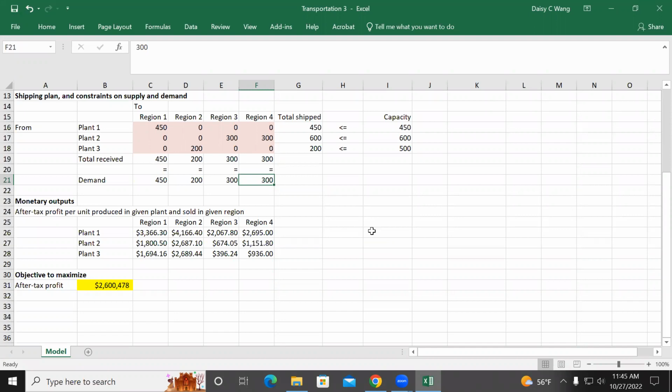Yeah, let's submit the third one. Get another degree. It's one cent.